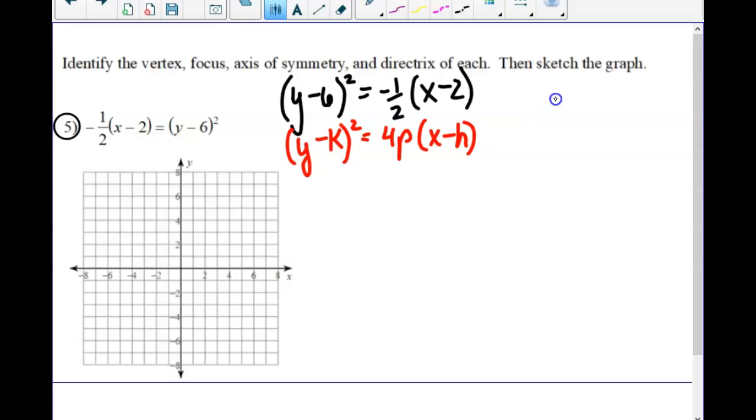So Ben, tell me something, anything. K equals, careful, 6. Yep, you're good. And h is 2. There we go. And what is 4p equal to, guys? Negative 1/2. How do we solve that?